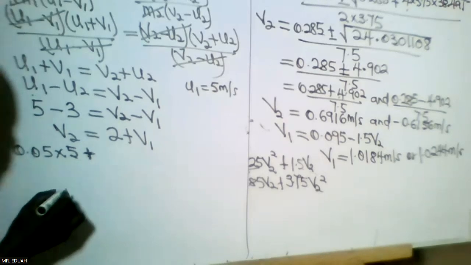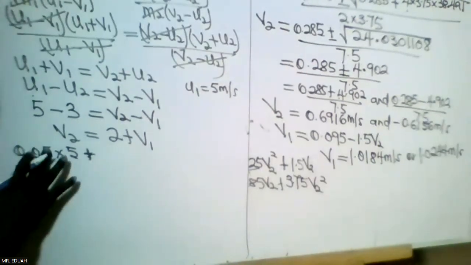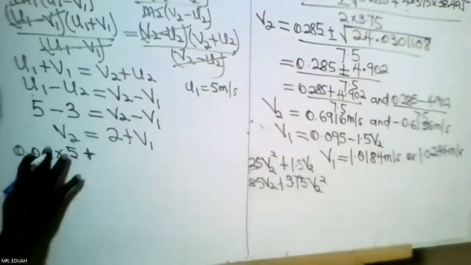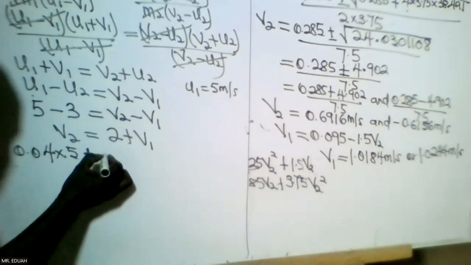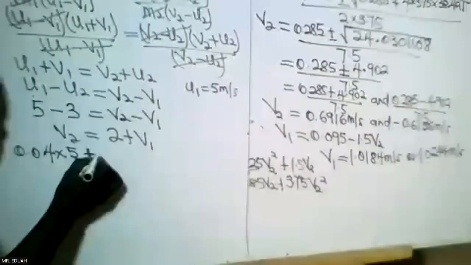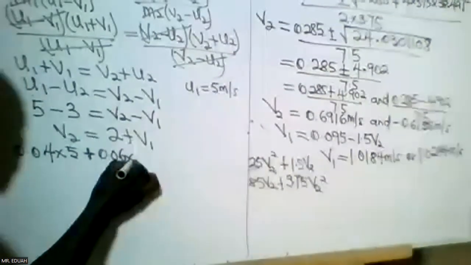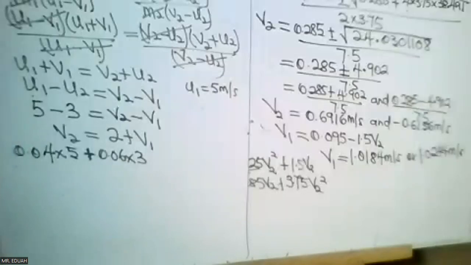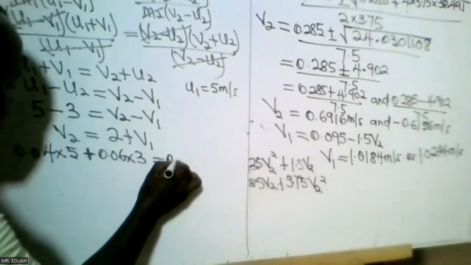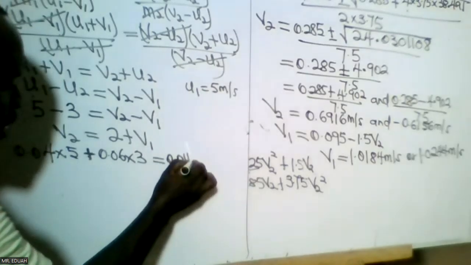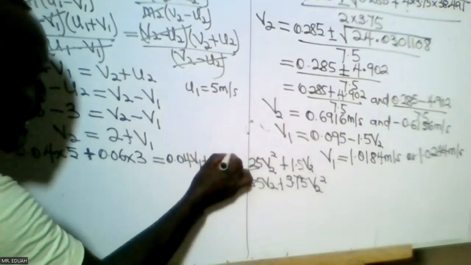Plus, what is M2? M1 is 0.04, plus M2, which is 0.06, times the velocity, 3, is equal to 0.04 times V1 plus 0.06 times V2.